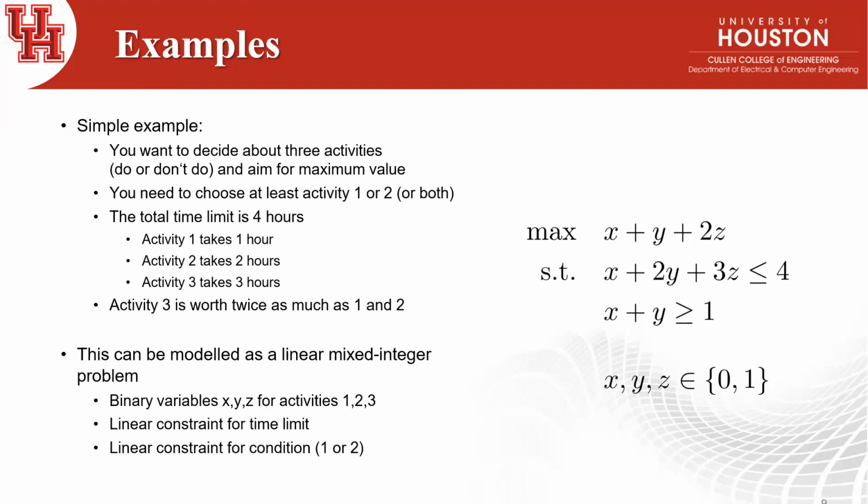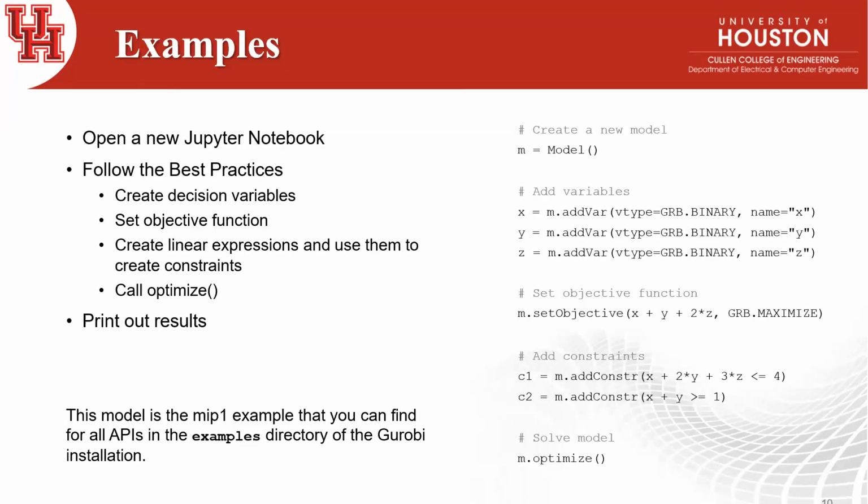As you can see, this is a linear mixed integer program, and one of the problem types that the Gurobi solver can solve. To transform this objective into programming language, we can use several steps.